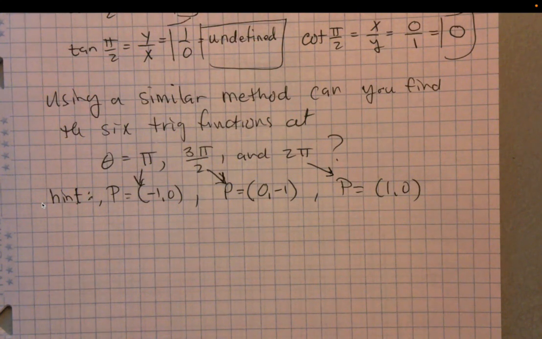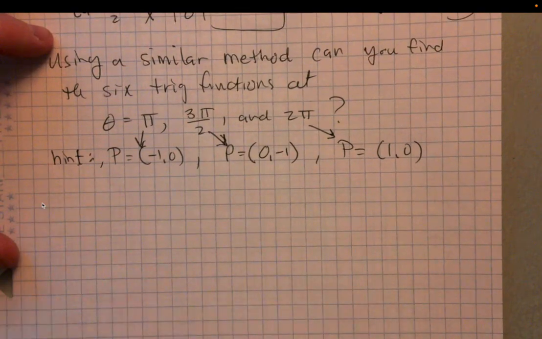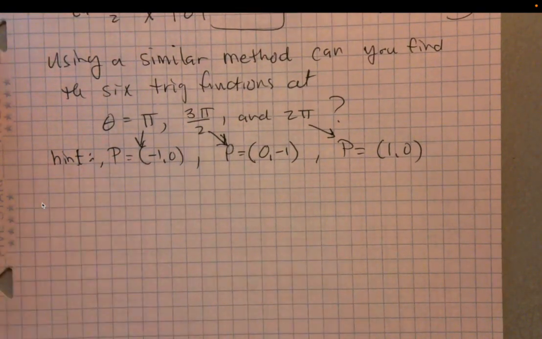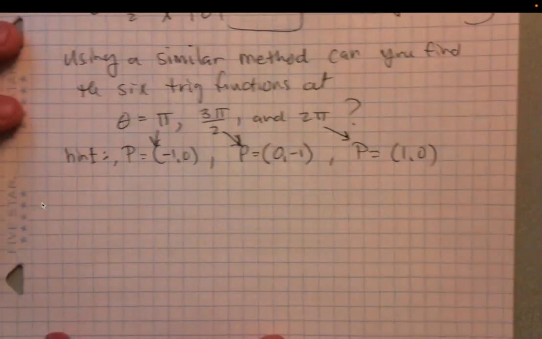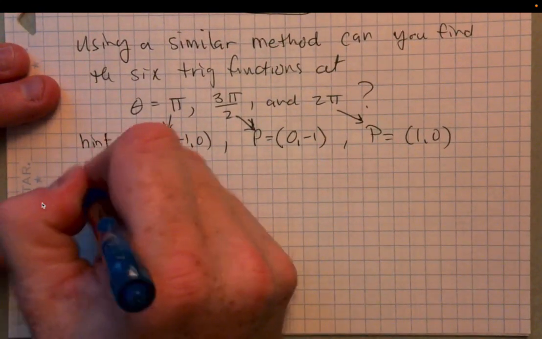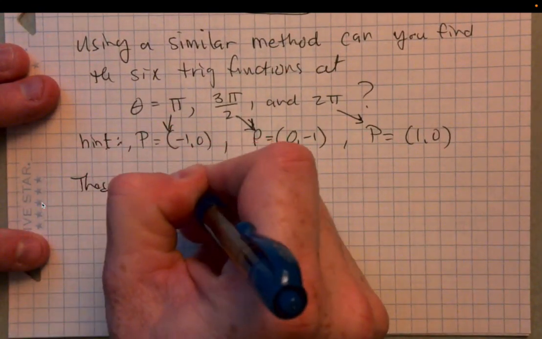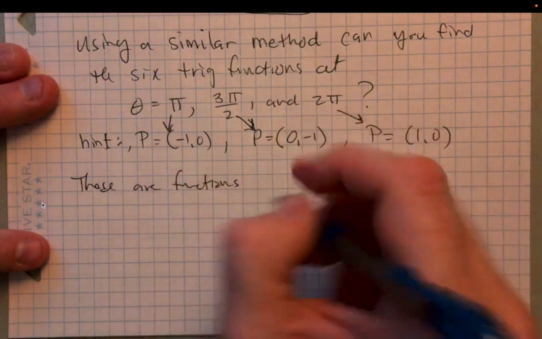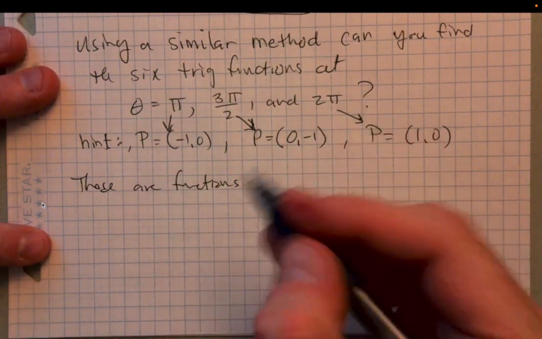Okay, very good. Let's shift gears a little bit and talk about these functions and some of their properties as functions. We've already said that they're functions, and so that means they have all of the properties of an algebraic function. Specifically, that means they pass the vertical line test.